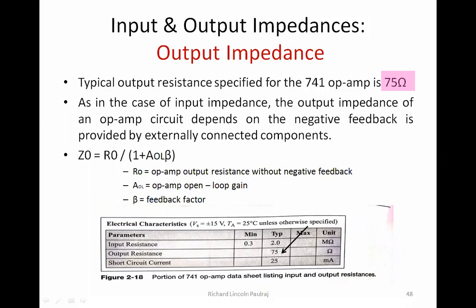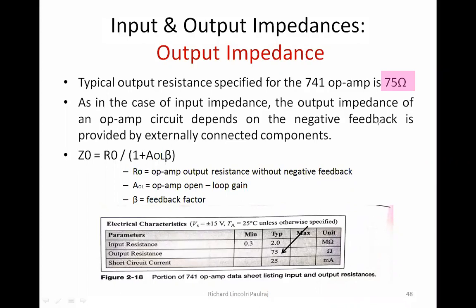As mentioned previously, we had used about 0.3 mega ohms as input resistance in the problem. As in the case of input impedance, the output impedance of an op-amp circuit depends on the negative feedback. So the output very much depends on what kind of feedback you are giving.